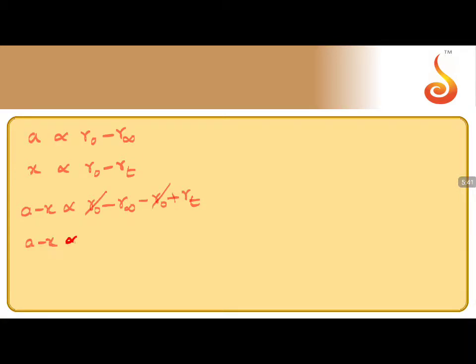Going forward, we have A proportional to R naught minus R infinity, and X directly proportional to R naught minus Rt. A minus X is directly proportional to R naught minus R infinity minus R naught plus Rt. So R naught gets cancelled. A minus X is proportional to Rt minus R infinity, and A is R naught minus R infinity.